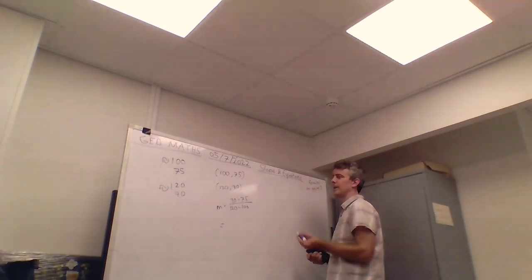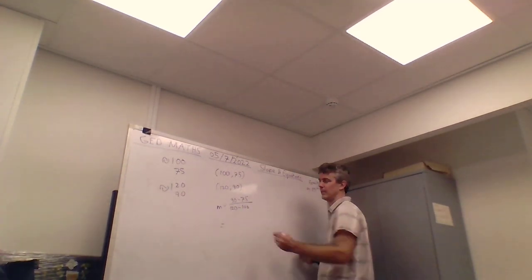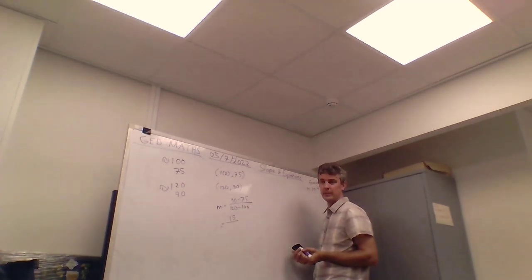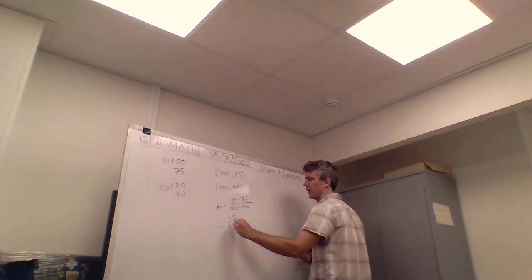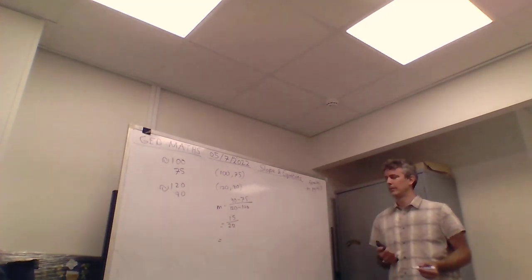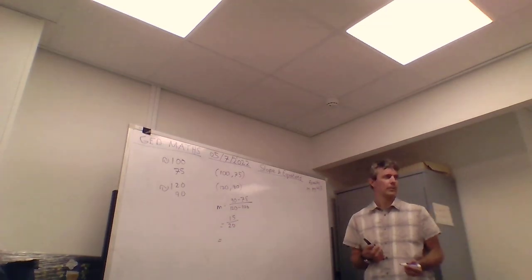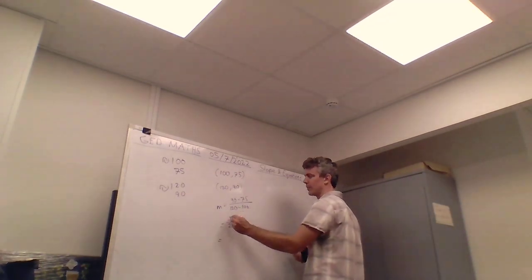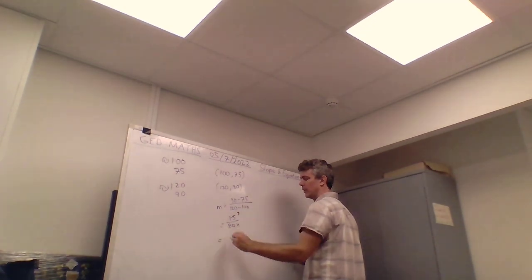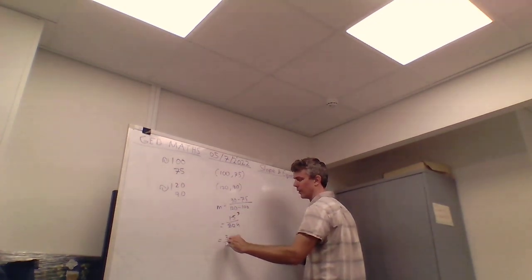What is 90 minus 75? 15. What is 120 minus 100? 20. So 15 over 20. What's that? 3 over 4, because there's a common 5 in each one. So that equals 3 over 4.